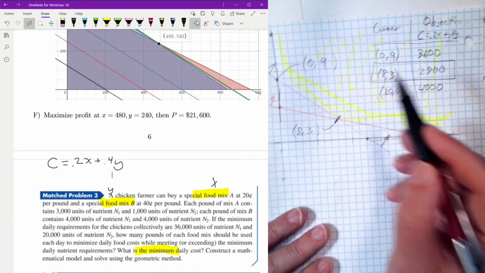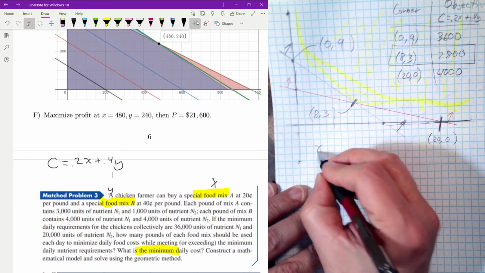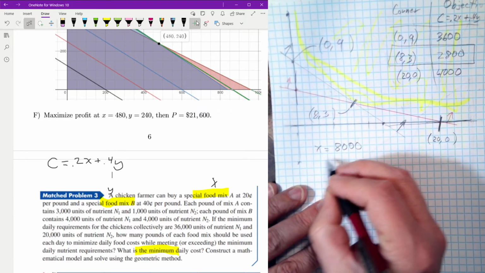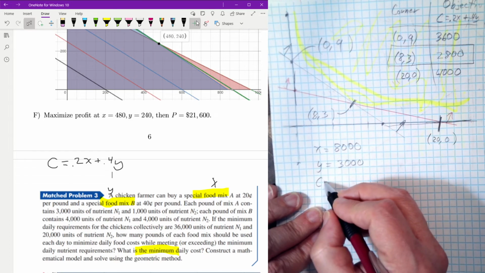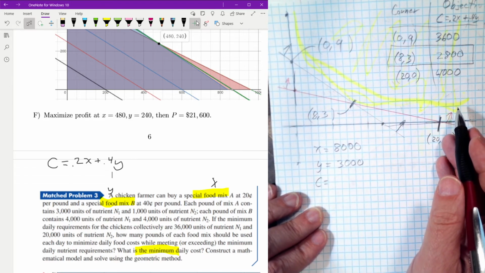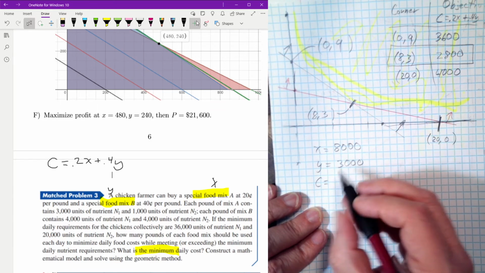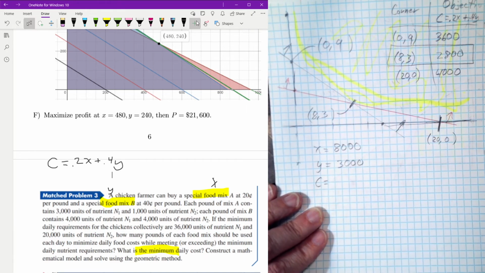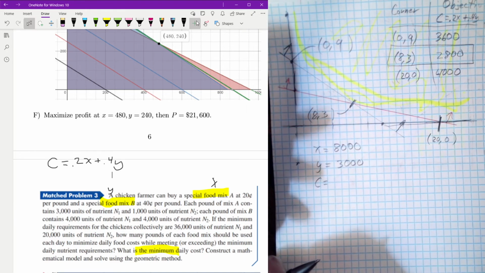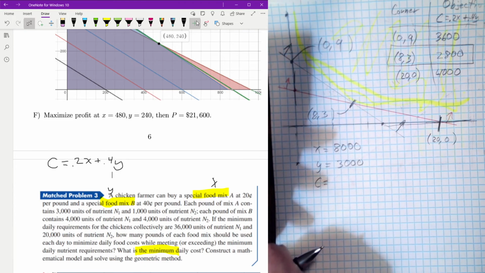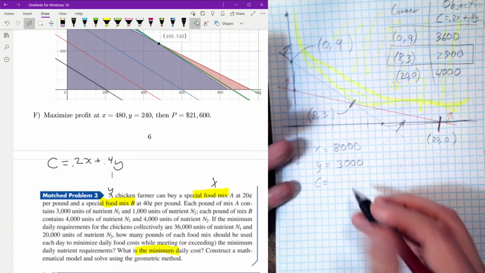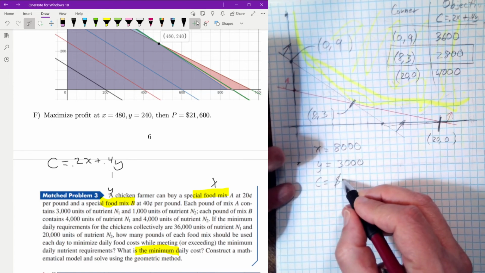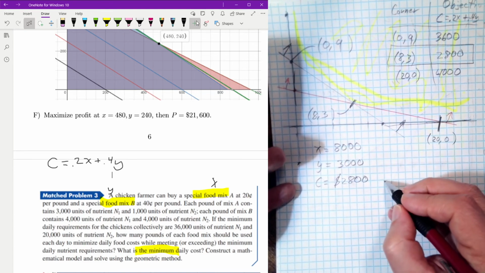And remember, multiplying by 1,000. So we have a minimum at x equals 8,000, y equals 3,000, and then C equals 2,800 is the minimum.